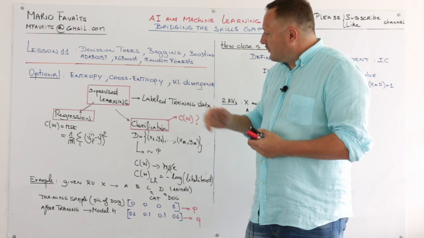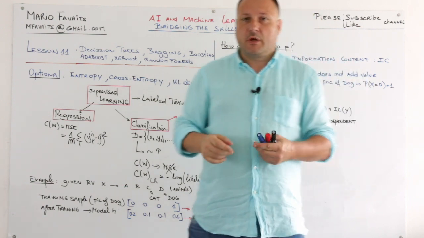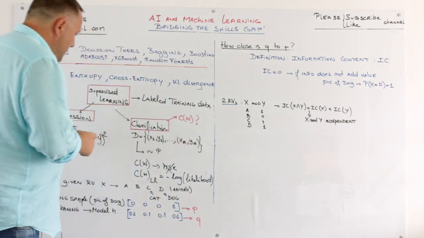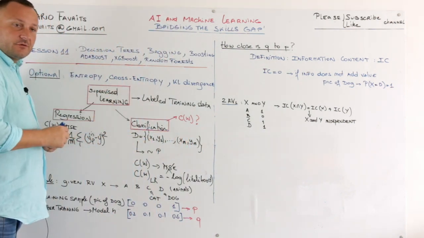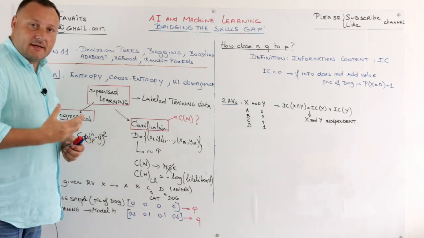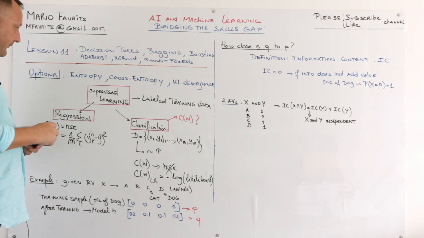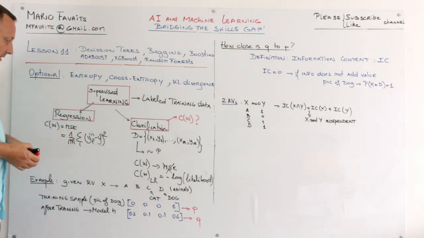But before we get into all these details, let's see where we came from and where we are. So we basically focused on supervised learning. That means that the training data you get is labeled. And in supervised learning, you have regression and classification.